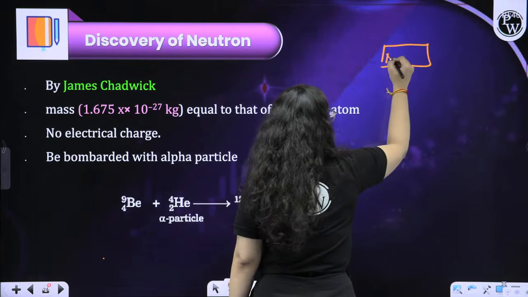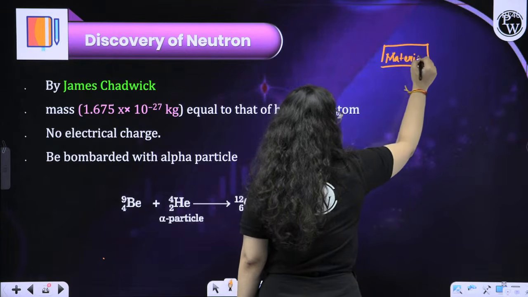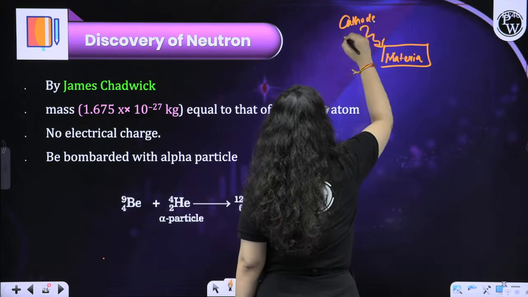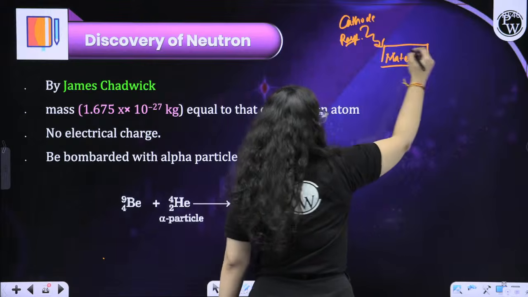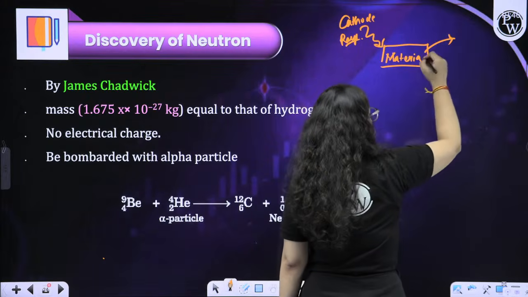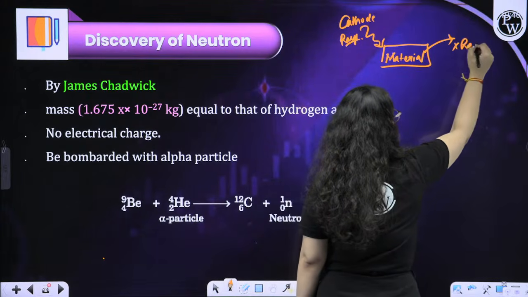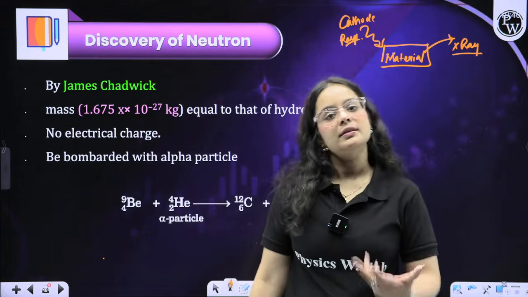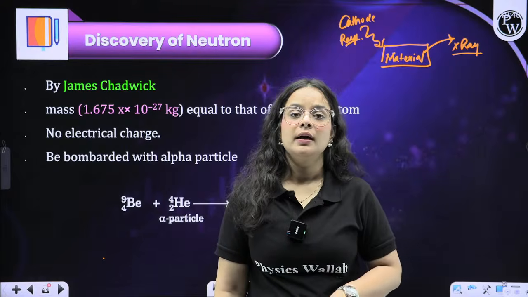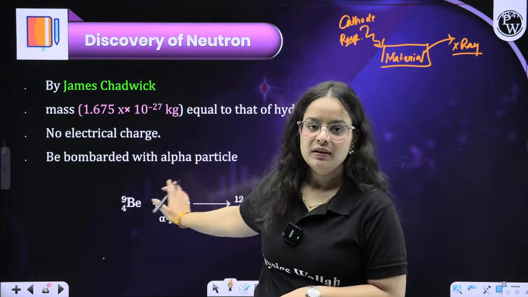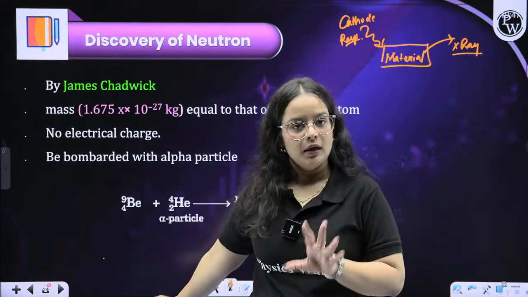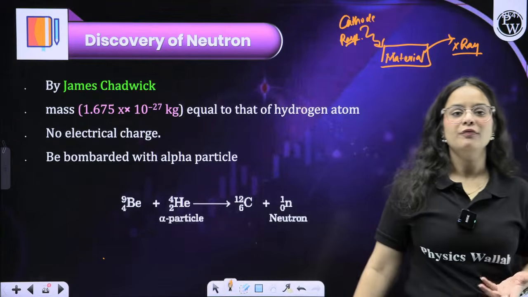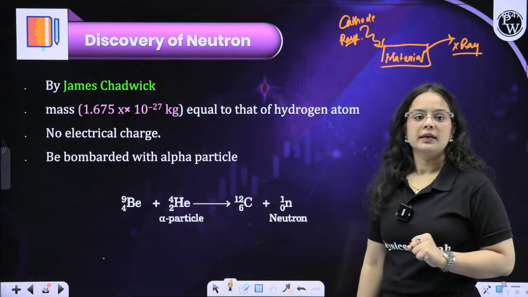If there is a material, and cathode rays strike the material, certain rays are produced. Now what are these, and what are their properties? I have listed them all in the previous slide. So these are the X-rays that are produced by the striking of cathode rays on the material.